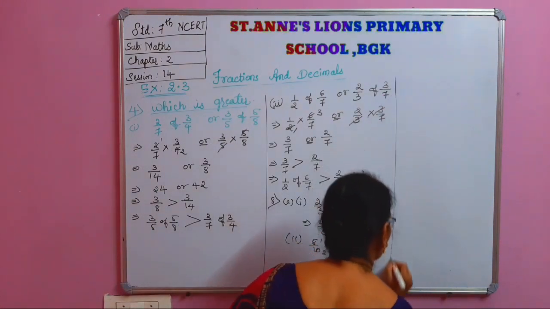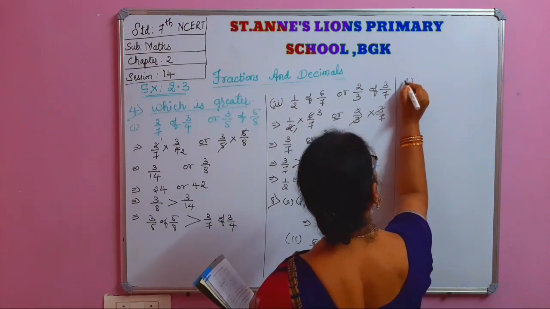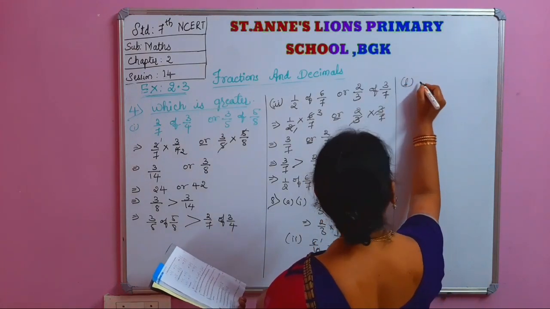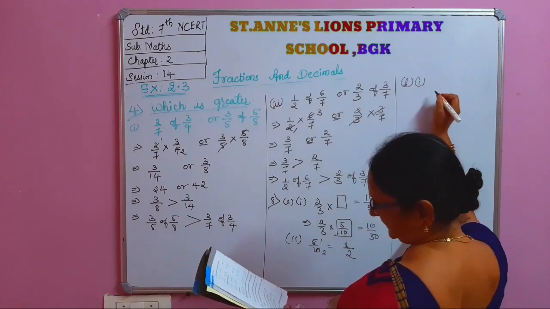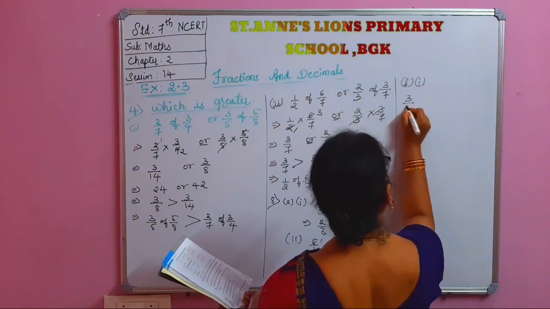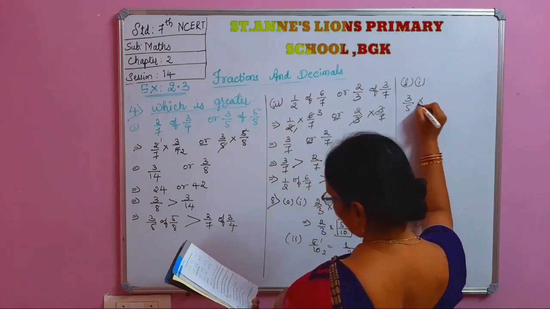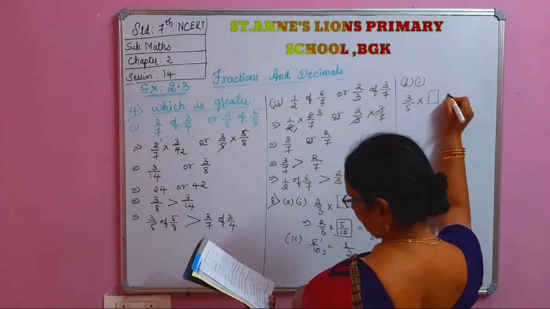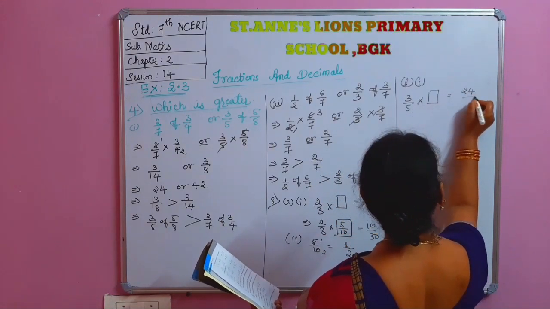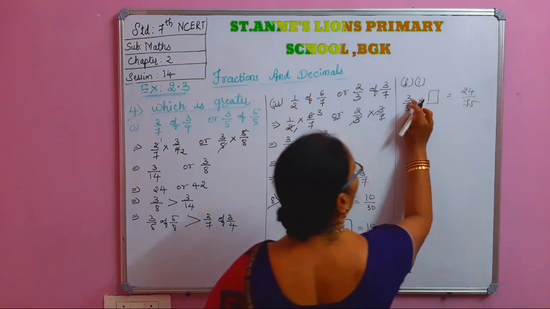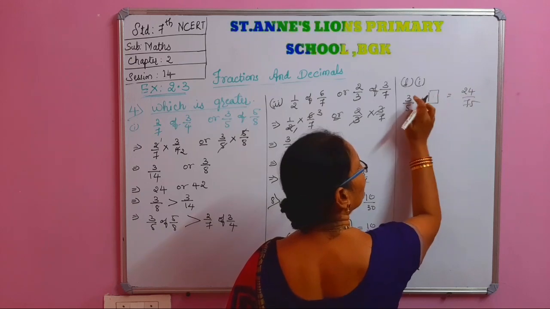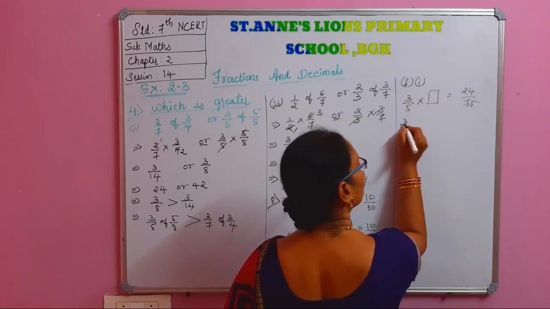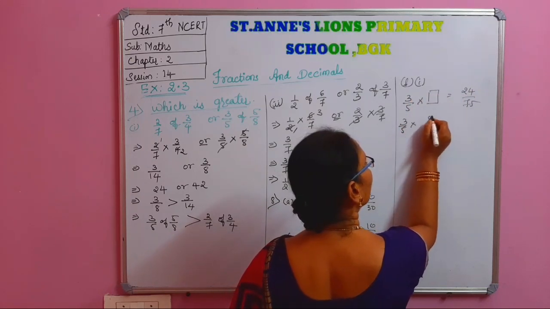Then B. In the B, first one. Provide the number in the box such that 3 by 5 into box is equal to 24 by 75. See, with what number do I have to multiply 3 to get 24? 3 8s are 24. 3 by 5 into 8.